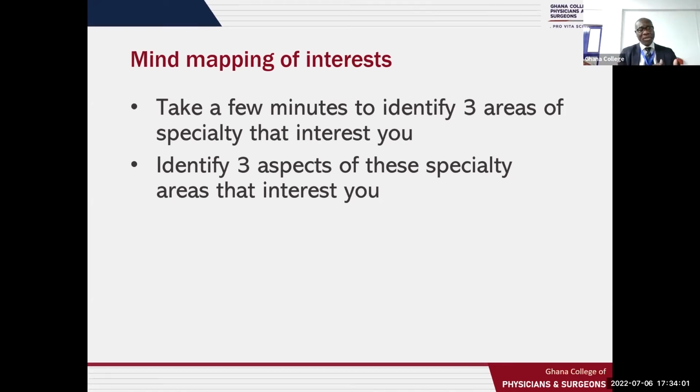For instance, if you say that you're interested in, say, malaria in children, then you might say that the aspect that you're interested in is the neurological complications of malaria that occur in children.